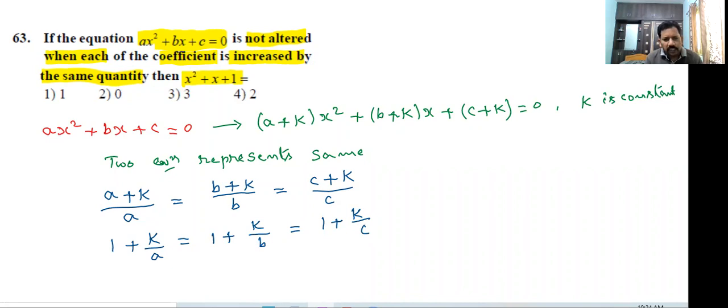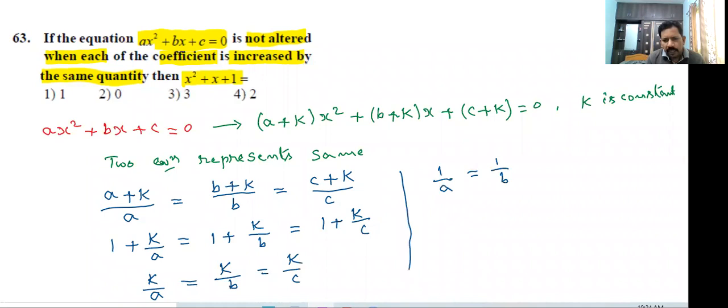See here, each term is having 1. Because the 3 terms are equal, I am going to remove the 1s. And see that each term having k, remove that. 1 by a, 1 by b, 1 by c. Write the reciprocal. a is equal to b is equal to c.